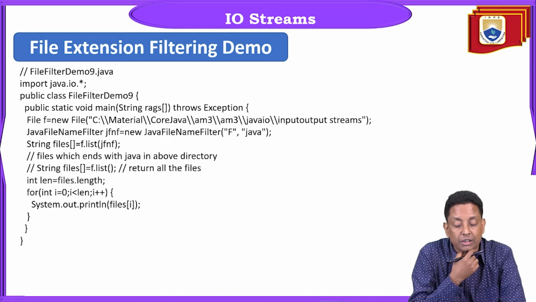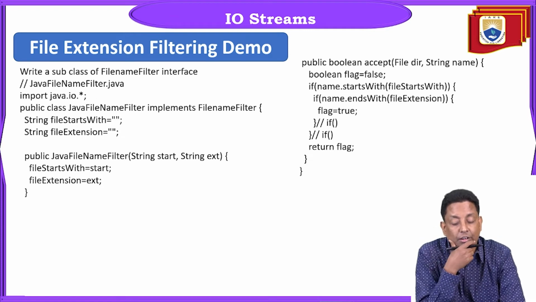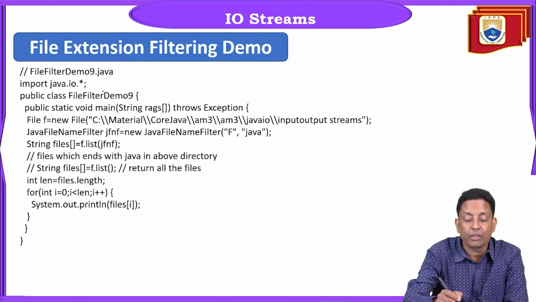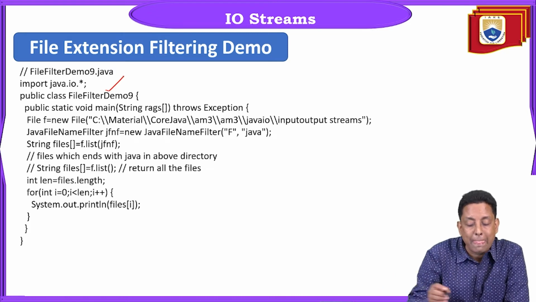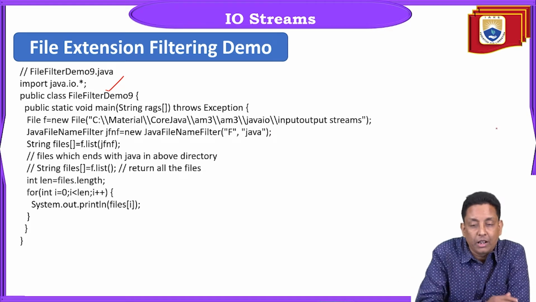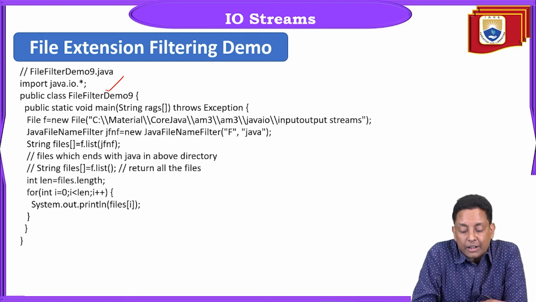Before starting with the filter class, look at this client program, FileFilterDemo9. Here we created one object: File f = new File of the C drive, material, score, Java, AM3, java.io, input output stream examples directory. My input output stream examples reside in this directory.